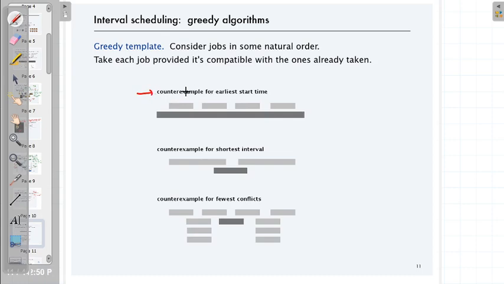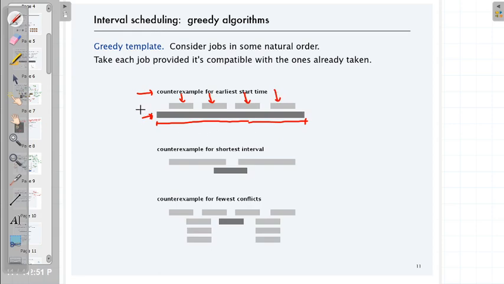This is the counter example for earliest start time. This guy is the culprit. It has the longest duration, and if I schedule this job, then no other jobs can be scheduled in that classroom.